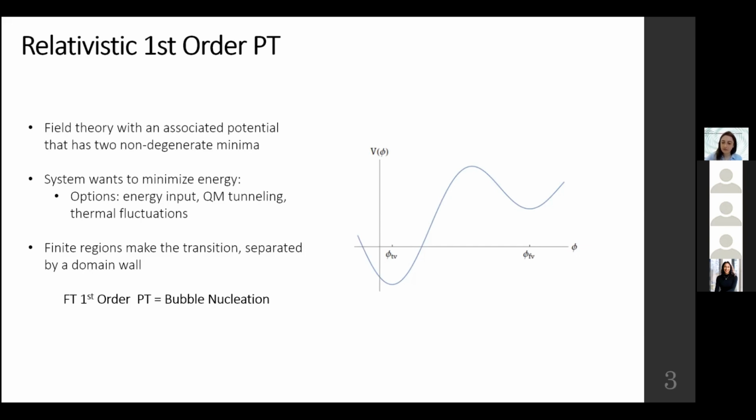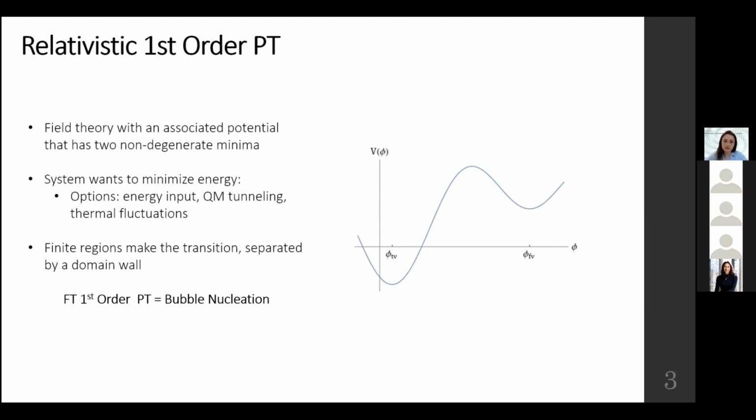Therefore, it has to be separated from the rest of the field by a domain wall. This is what we call a bubble. So to sum up, a first-order phase transition involves bubble nucleation.